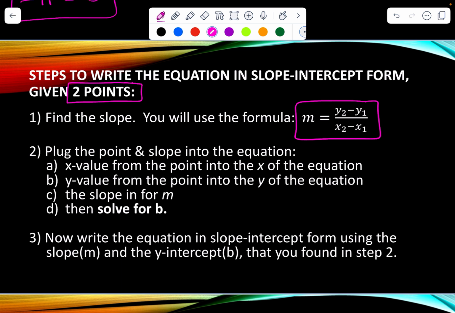This is very, very important that you do correctly because this is step 1 of the process. If you mess up the slope, everything thereafter is going to be messed up. So you have to make sure you're plugging in the y minus y over the x minus x. Once you get the slope, everything else is the same as what we've been doing.